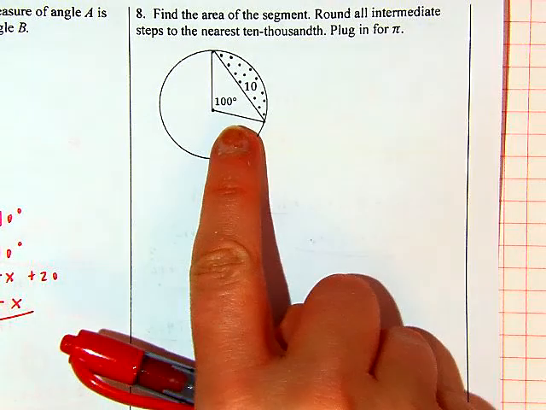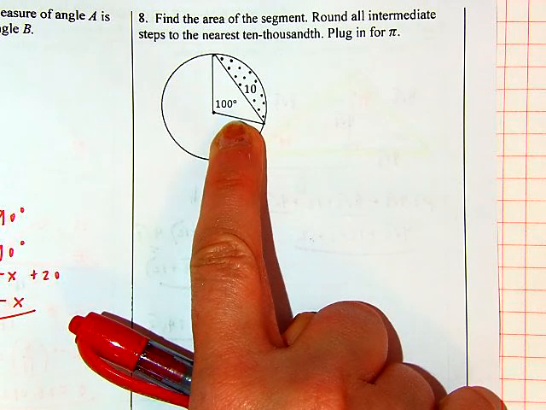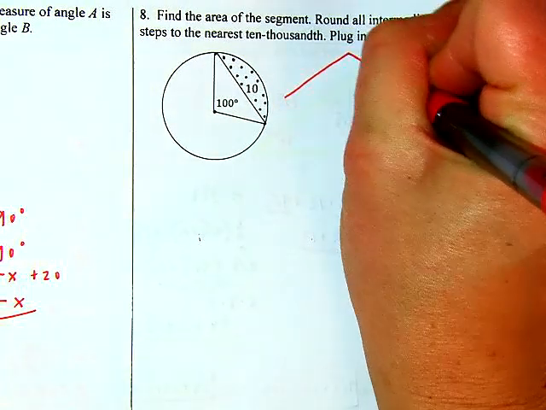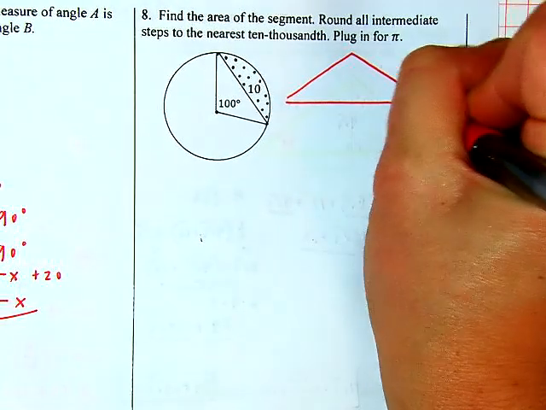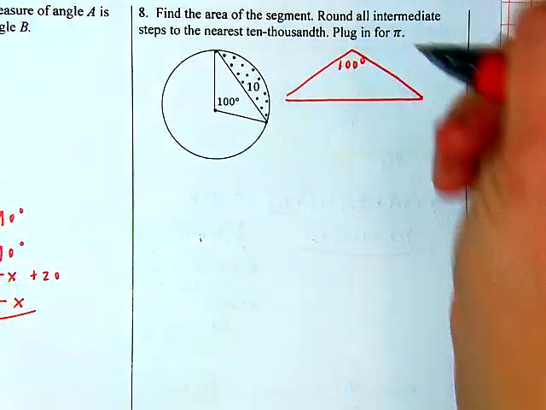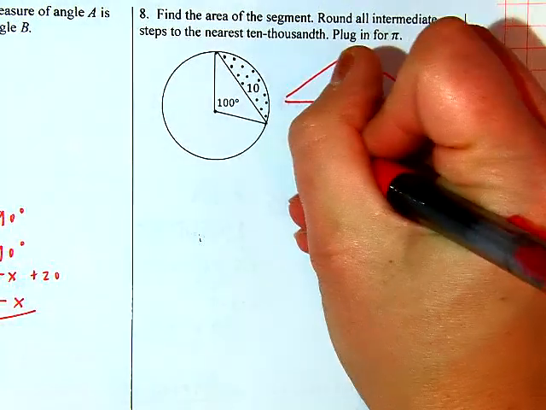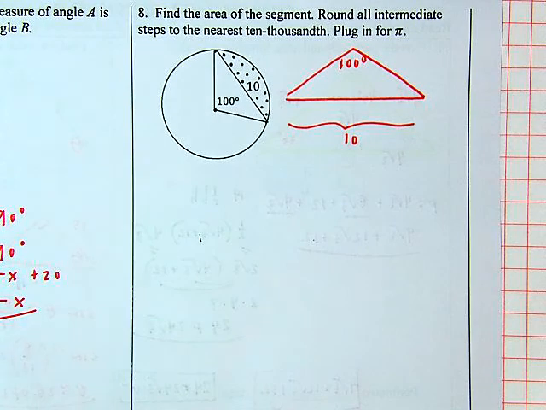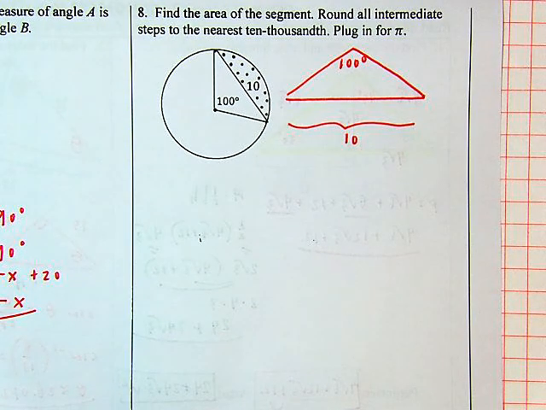So right now what I can see is I have this triangle. Let me rotate it and draw it a little bit clearer like this, where this is the 100 degrees right at the tippy top like that. And I know that this whole span here is 10, right? That is given to me.